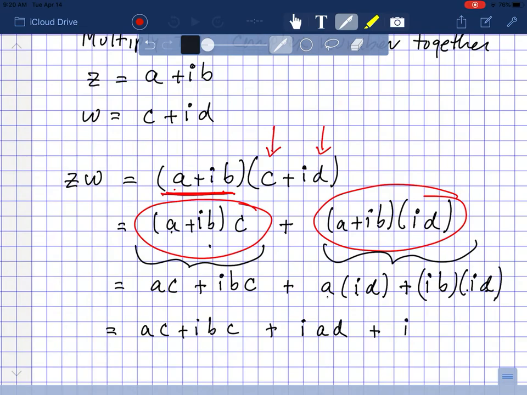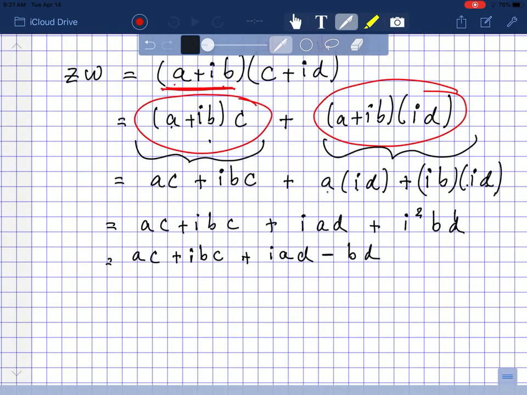I'm going to take i times i, which is i squared, times b times d. And this in turn is equal to, so I'm going to write this again, a times c plus i times bc plus i times a times d minus, because i squared is equal to minus 1, b times d.